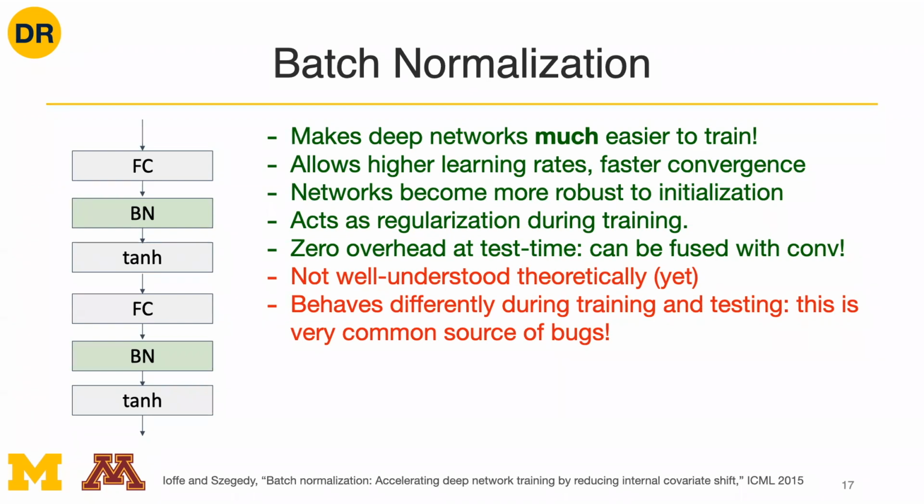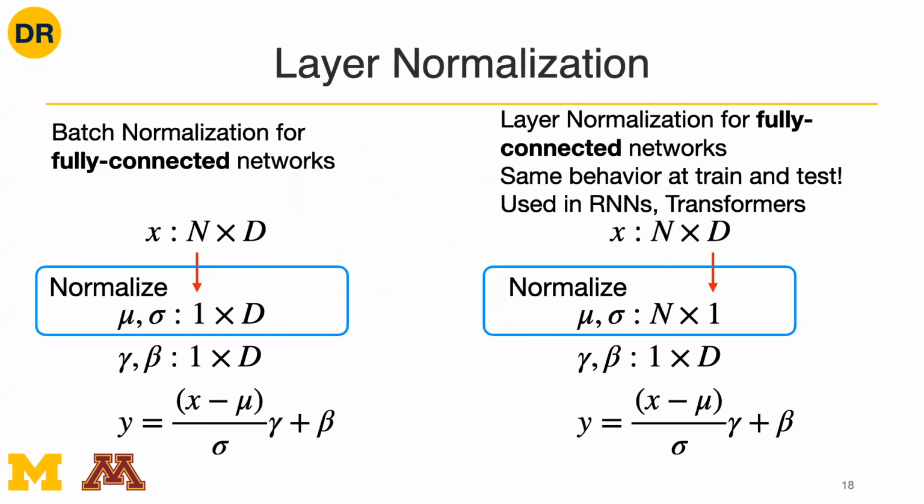One other normalization that you'll often see is layer normalization. This was introduced because of the discrepancy that we had between training and testing. Like I said, during testing time, you don't want to normalize over the batch because you want to consider each of the samples independent of each other. You don't want to compute a mean and variance, which would affect your accuracy. Layer normalization tries to solve that problem. So you're normalizing not over the batch, but over the dimension of the input.